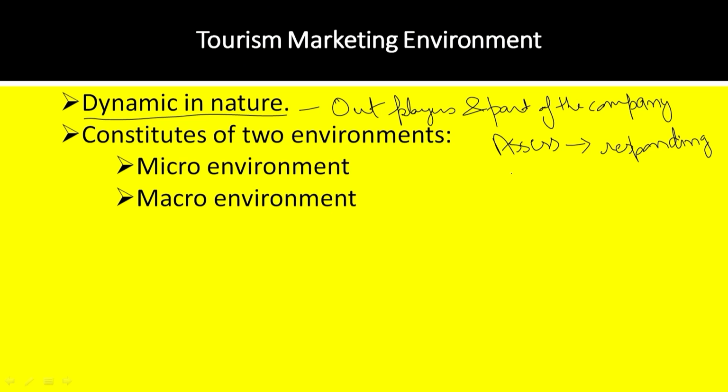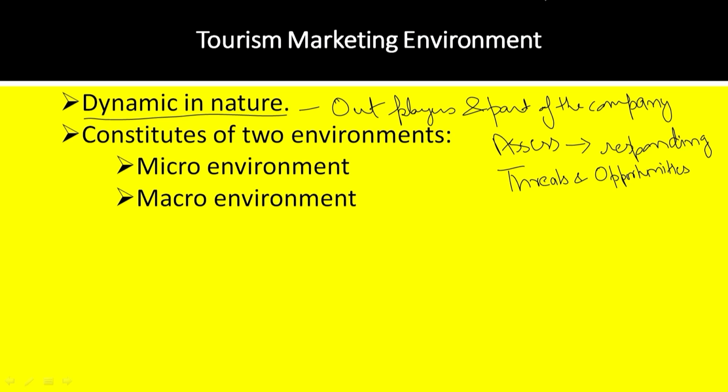So what do they get to know after this? They get to know about the threats and opportunities which are coming up in the environment. Only those companies which respond to the changes in the environment remain relevant and can sustain in the market.